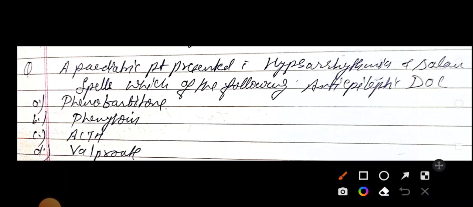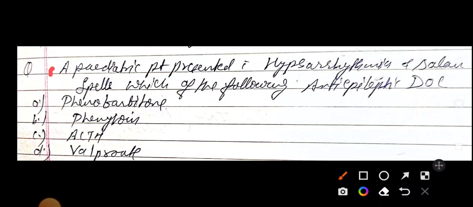Now, a pediatric patient presented with hypsarrhythmia and sudden spells. Which of the following is the anti-epileptic drug of choice? Phenobarbital, phenytoin, ACTH, and valproate. Okay, so guys, you have to choose the best answer. Pediatric patient, remember, hypsarrhythmia and spasms.